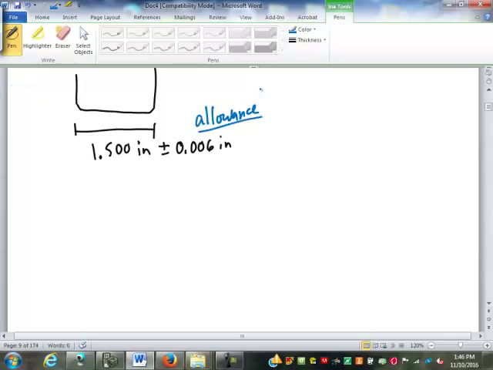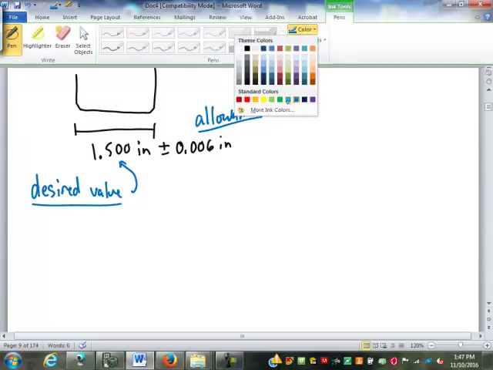It's slightly different. So what that is saying is I want this in an ideal world. This is my desired value, or sometimes called the ideal value. In an ideal world, I would want to make this exactly 1.500 inches every time. But I know the world isn't perfect. So I can be off by as much as 6 thousandths either side.